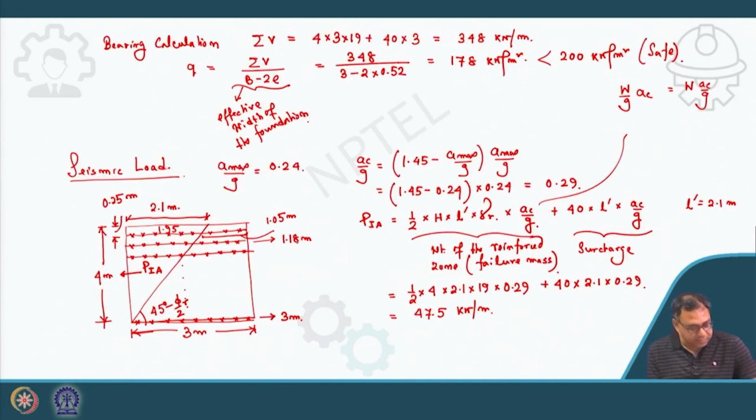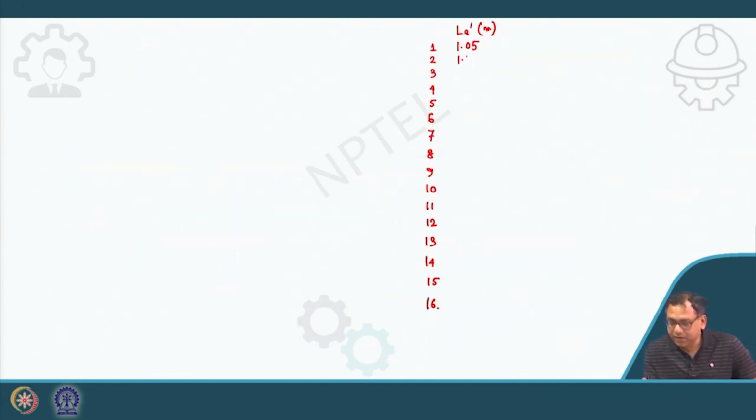So now for the second layer it is 1.18 meter. And in a similar way, for the third layer it is 1.31 meter.